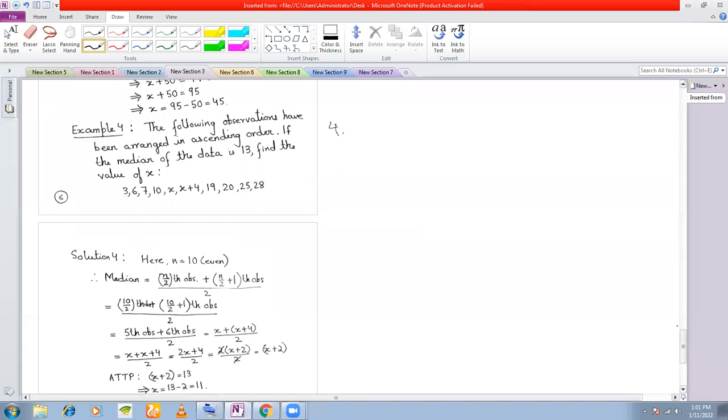So let's see. The next question is, the following observations have been arranged in ascending order. If the median of the data is 13, find the value of X. Now this question is very similar to the last one. So based on your last question, you can give me some idea how to do this.